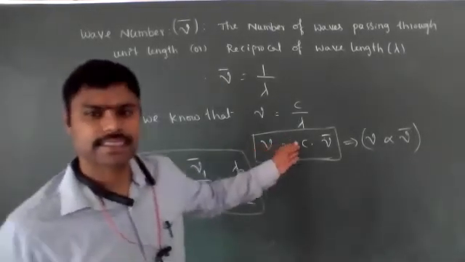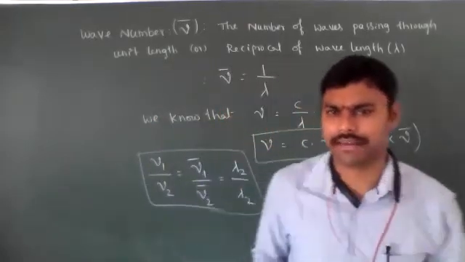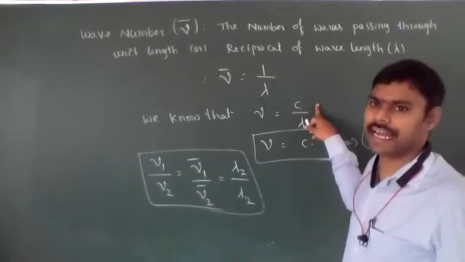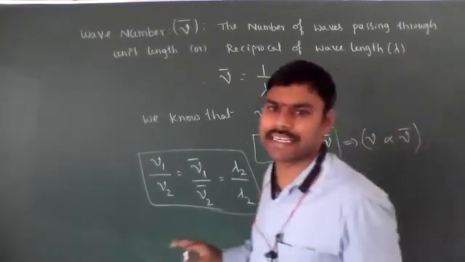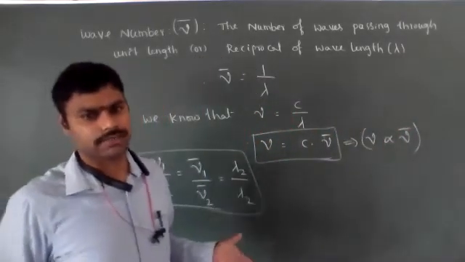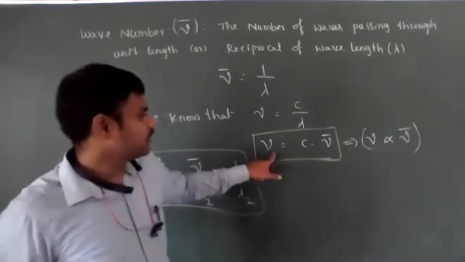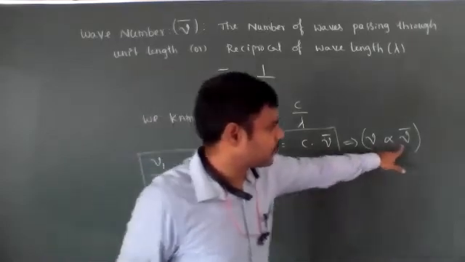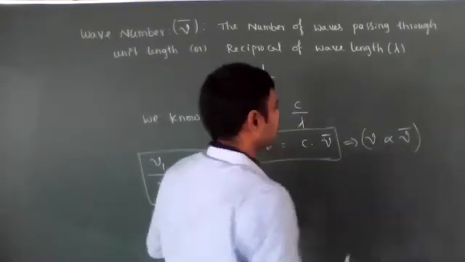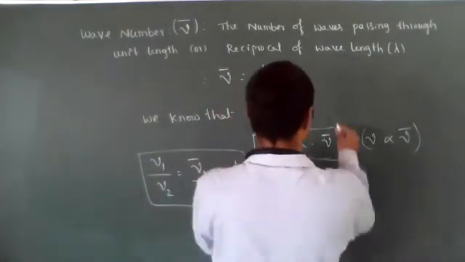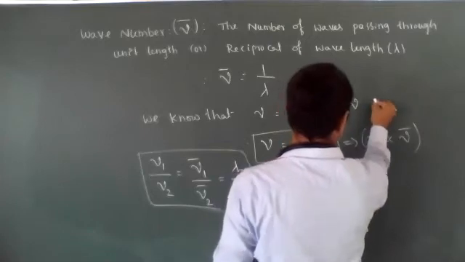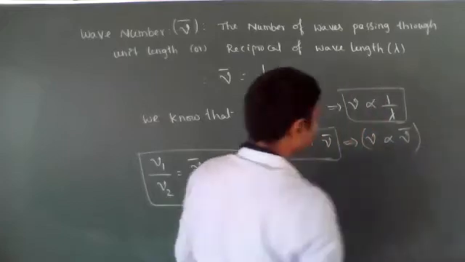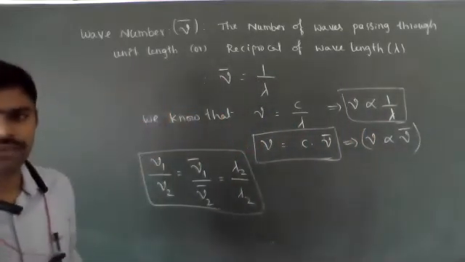In all cases, c means velocity of light only, no need to say again and again. c is the velocity of light or velocity of electromagnetic radiations. It is always constant. That's why nu is equal to c into nu bar, and nu is directly proportional to nu bar. And nu is inversely proportional to lambda.